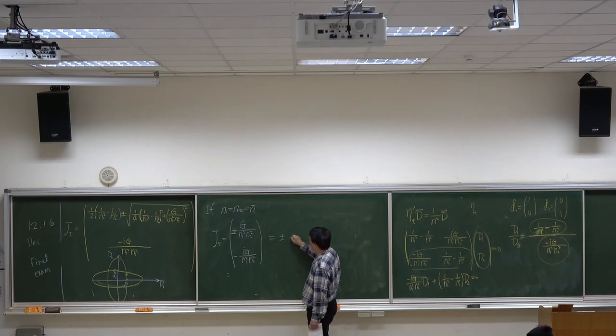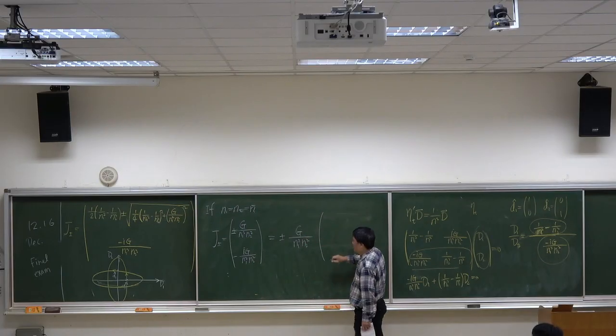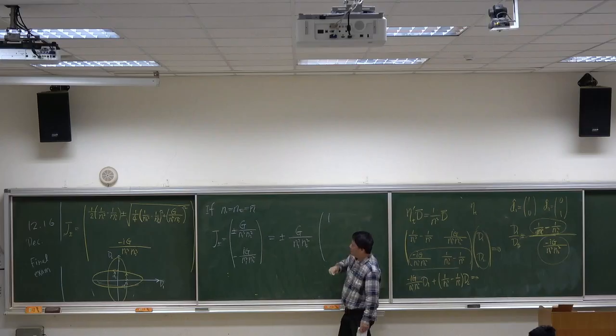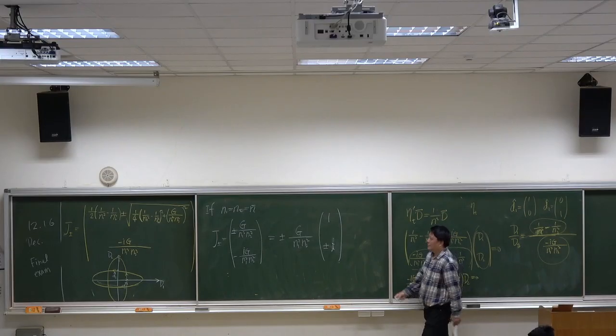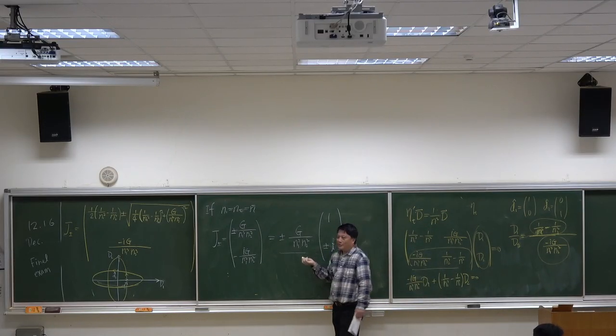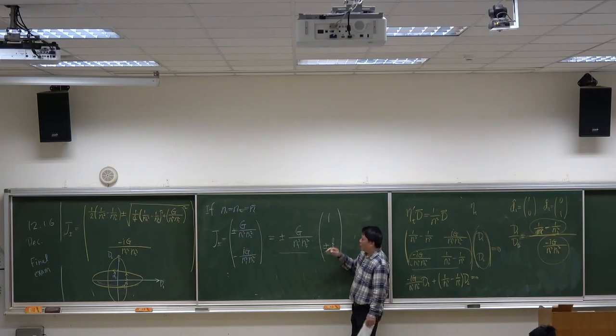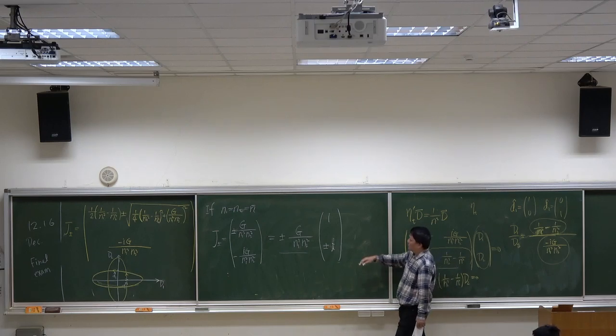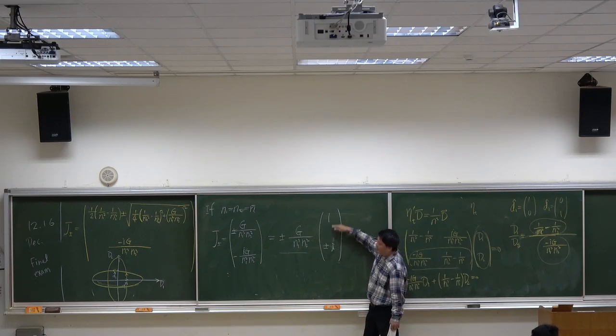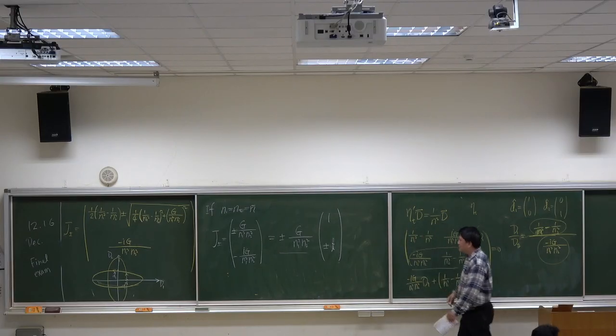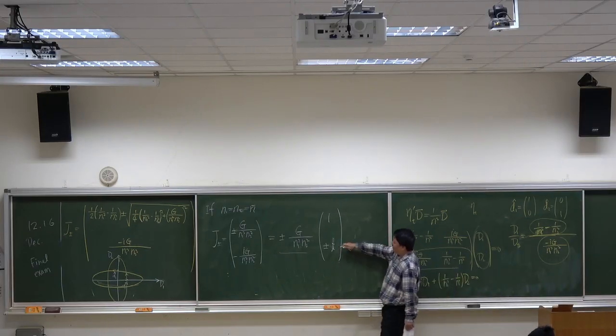So we can factor out this g over n1 squared, n2 squared, and the remaining terms are 1 plus minus i. This factor is not important, it is irrelevant, because when we judge the correlation, we just see the relative components of these two.